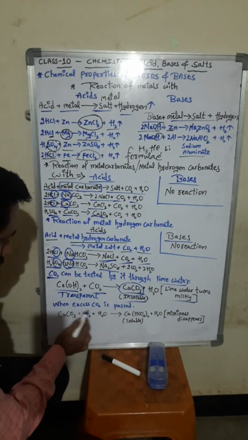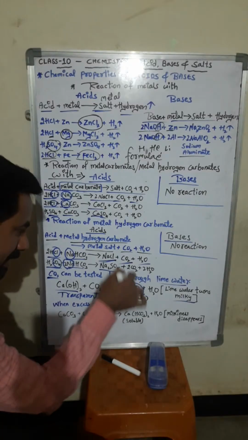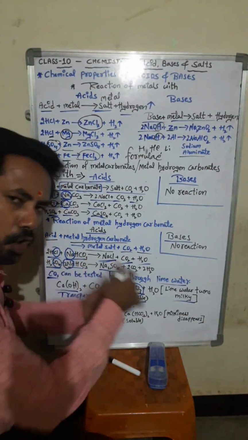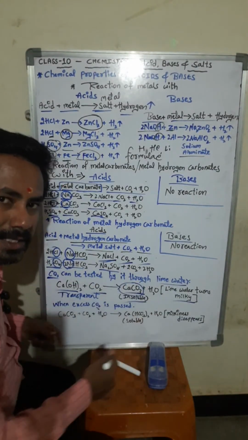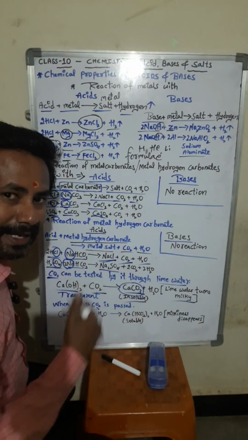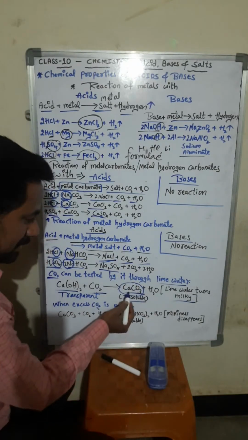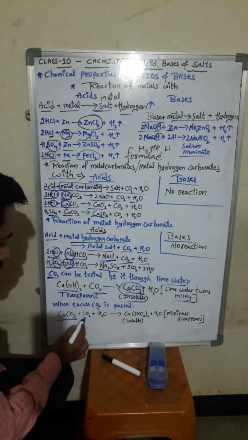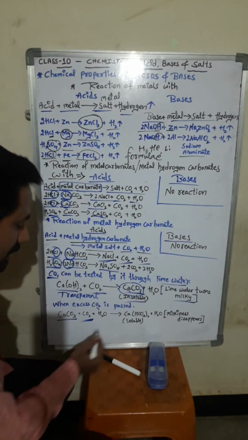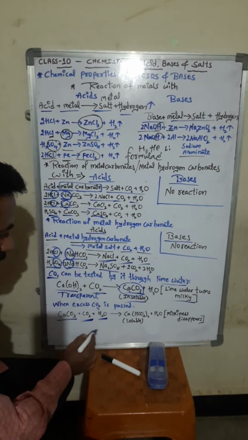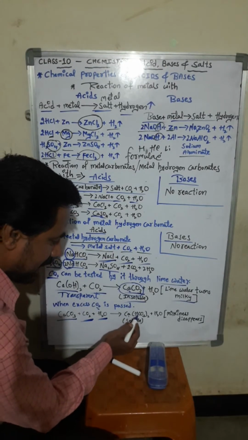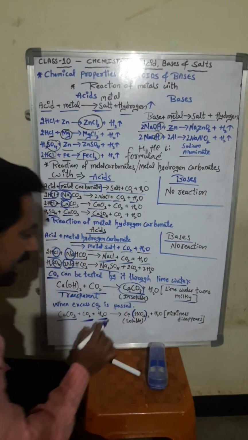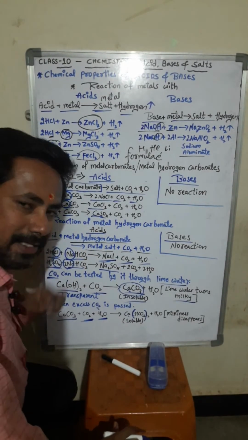Now, when an excess amount of carbon dioxide is passed through this CaCO3, if we add a larger amount of carbon dioxide, what happens? CaCO3, more carbon dioxide and water, what will form? Ca(HCO3)2. What is Ca(HCO3)2?